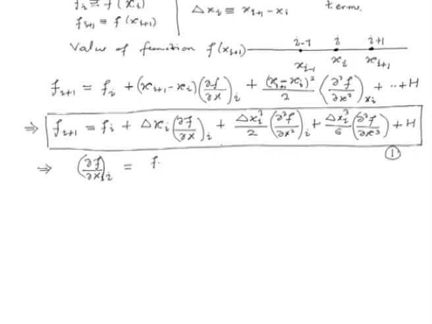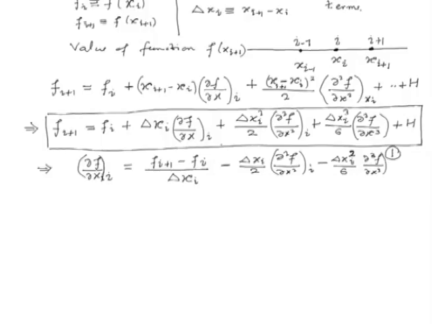This is f of i plus 1 minus f_i divided by delta x_i, minus delta x_i by 2 del 2f over del x squared at i, minus delta x_i square by 6 del 3f over del x cube, plus higher order terms.